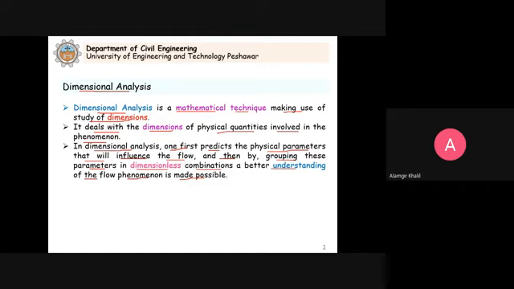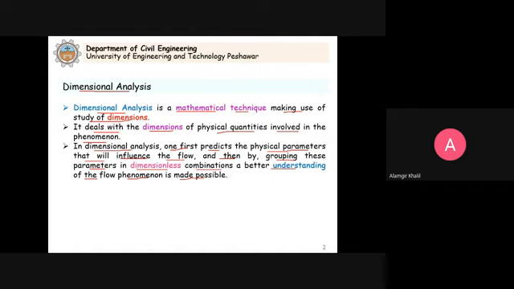When we solve the problems, so in the problem, normally the fluid problem and the different variables, dependent or independent, so that will be given because the purpose is that how you apply the method of dimensional analysis and you solve the problem.